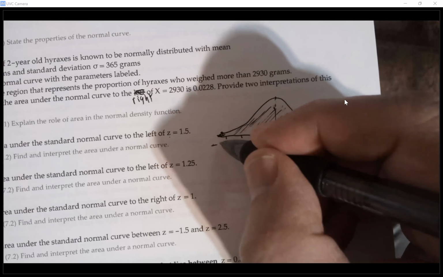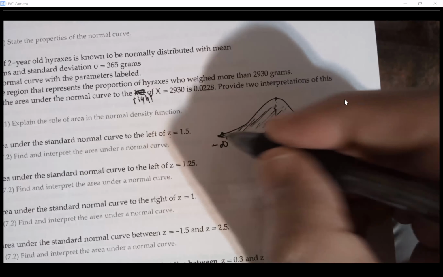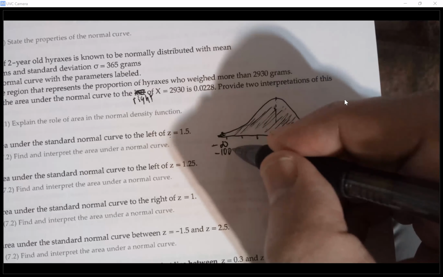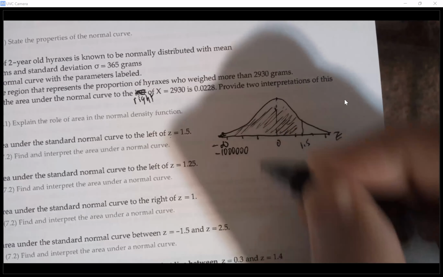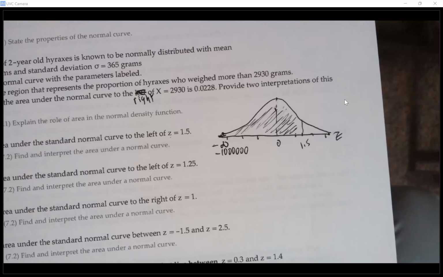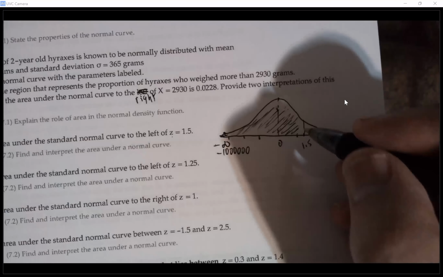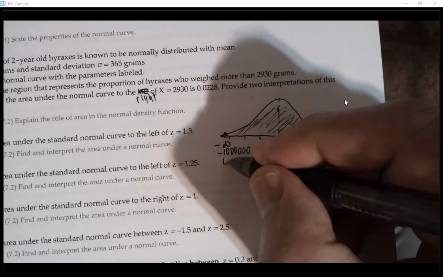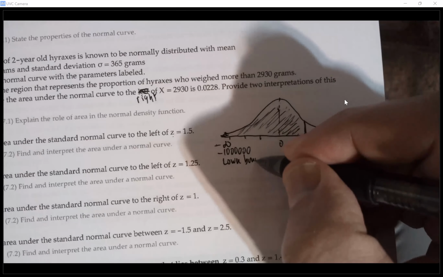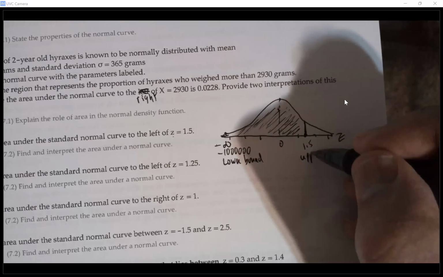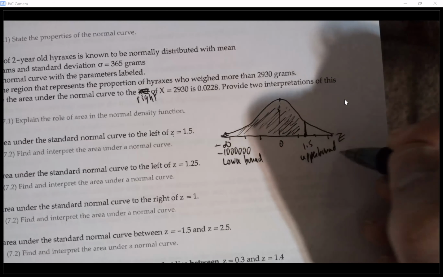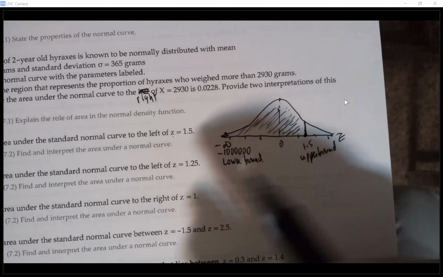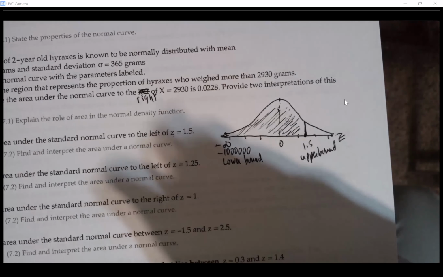So actually the left bound should be -infinity, but in order to put something in the calculator, we put -1,000,000. The upper bound will be where the area ends. It ends at 1.5. So that will be the upper bound. The mean is 0. For z, the mean is 0, and the standard deviation is 1.